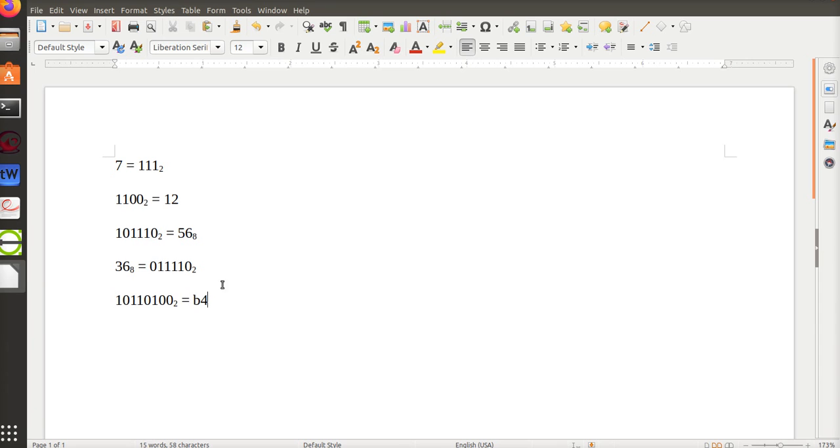Now, some people get lazy. If they've got a letter in there, they leave it off. I think that's just bad form. Instead of using 16 as the base, usually you will see the lowercase h as a hex base. So B4 is your hex base. So that's a pretty easy conversion.